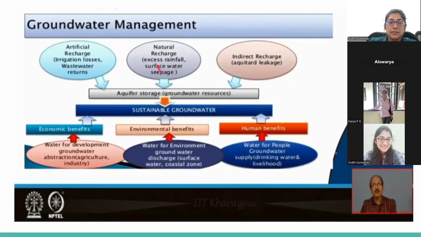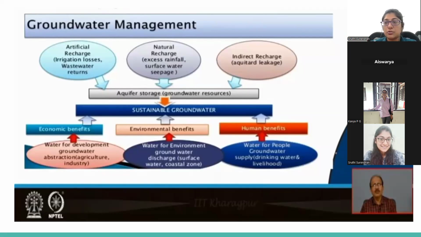Natural recharge includes, if there's excess rain, through infiltration and percolation, directly water is being recharged. And then artificial recharges include canals, where if lining is not there, the water can help in recharging the groundwater. Wastewater returns: it's not the direct wastewater, but wastewater that is processed.